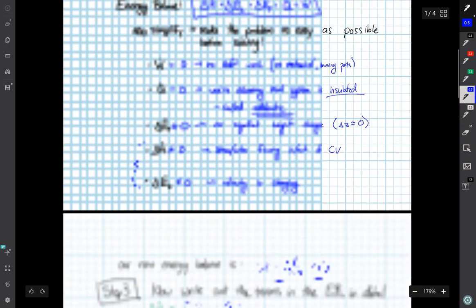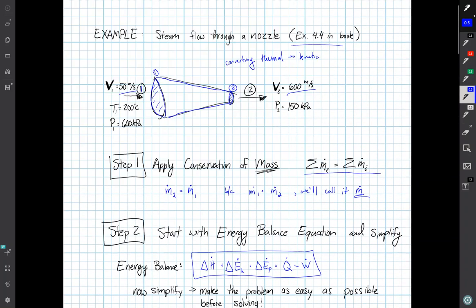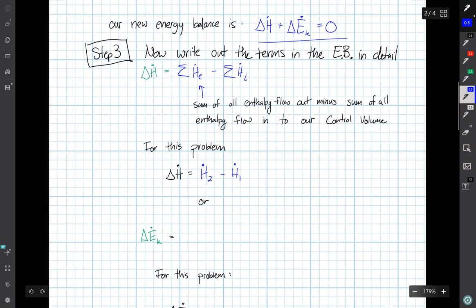Okay, let's look back at what we have. We have stuff flowing in at a specific mass flow rate, which we called m dot, right, over here. And it's flowing out at that same mass flow rate, again, m dot. And it's carrying with it some enthalpy here as it goes in at 1, and it's leaving with some enthalpy here at 2. So let's represent that.